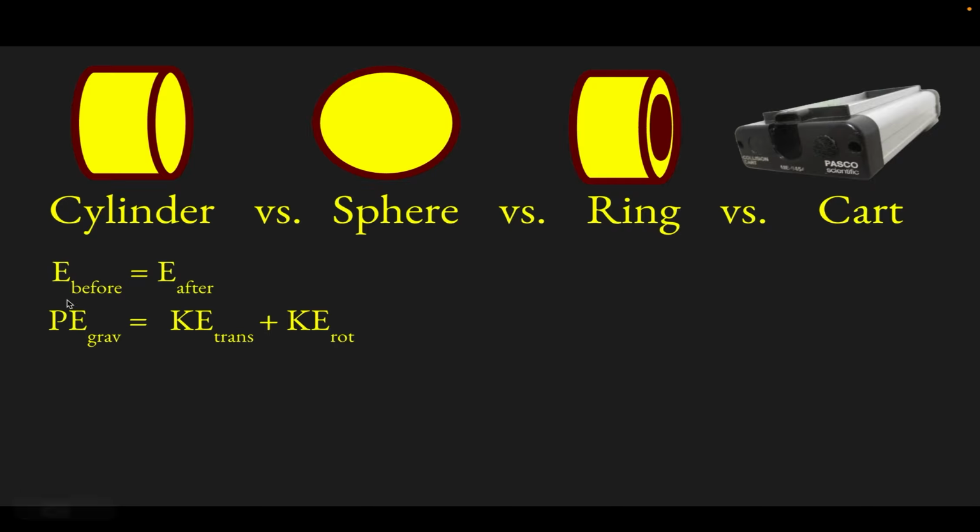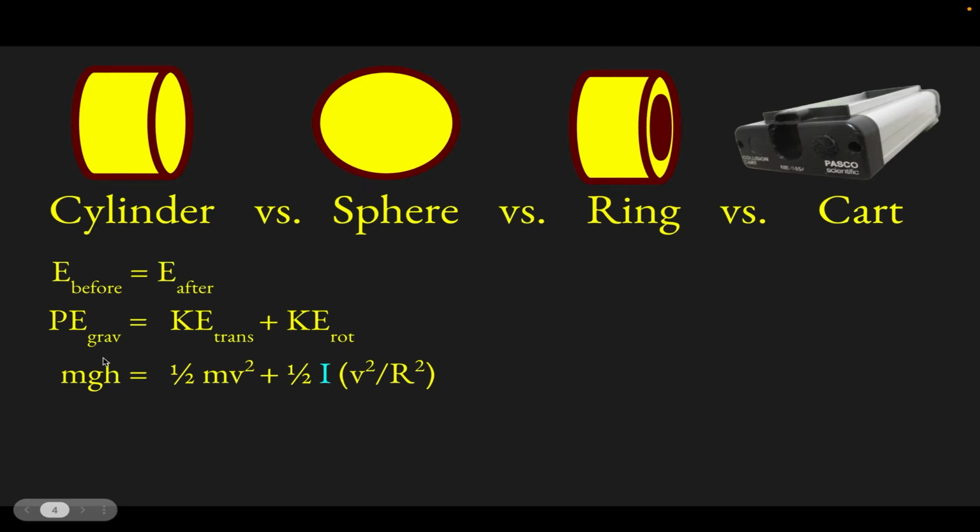When the objects are at the top, they'll have gravitational potential energy. And then at the bottom of the ramp, that gravitational potential energy will become translational kinetic energy, because they'll be moving forward through space, and rotational kinetic energy, because they'll be spinning.